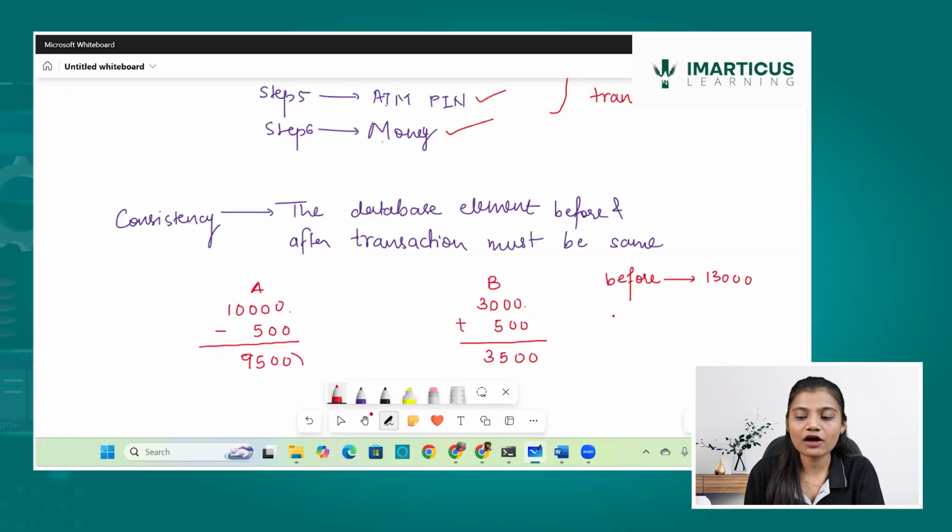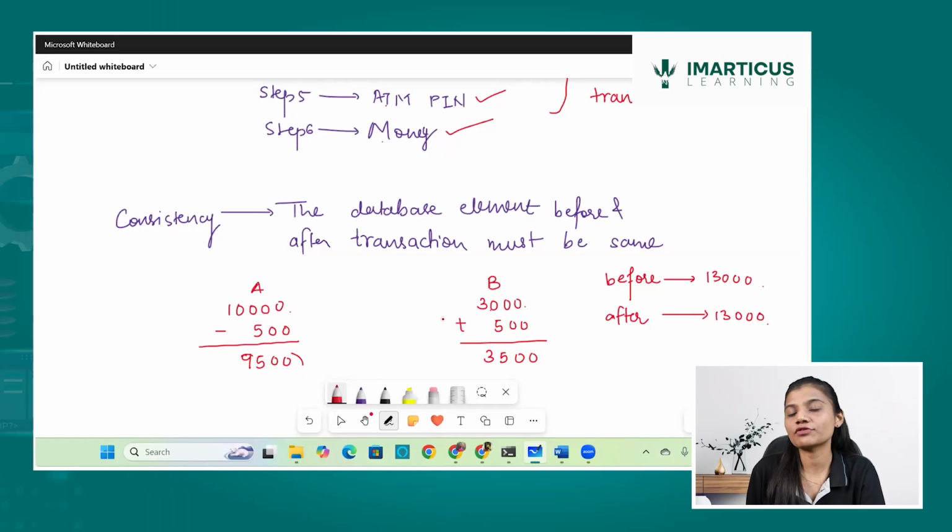So what was the sum after the transaction? 9,500 plus 3,500 is 13,000. So before and after the transaction, was the sum of the database amounts the same? Yes. So the element before and after the transaction was the same, which means the database was consistent in this transaction.